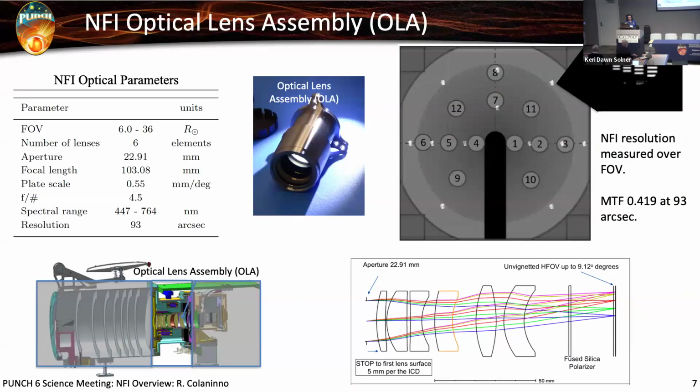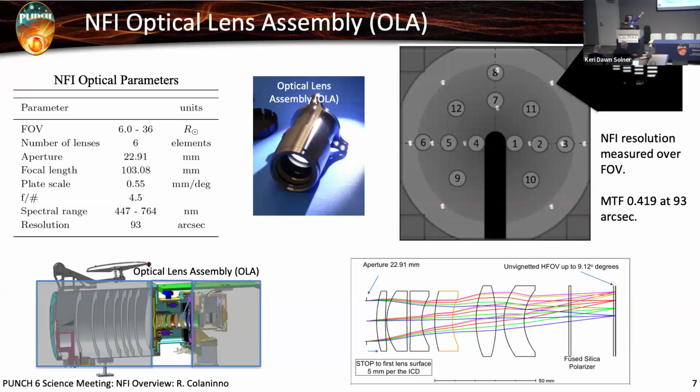The NIFI optical lens comes next after our entrance aperture, which we call A1. You can see the lens assembly there at the top.